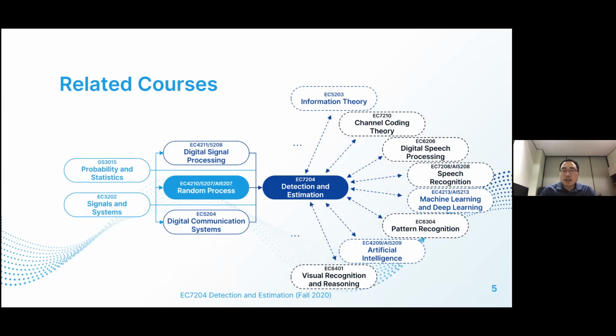On the other side, detection and estimation is strongly related to other advanced courses, as I mentioned, such as speech recognition, pattern recognition, visual recognition, and some theoretical studies like information theory and channel coding. If you understand detection and estimation well, that would be very helpful to understand the other advanced courses listed here.